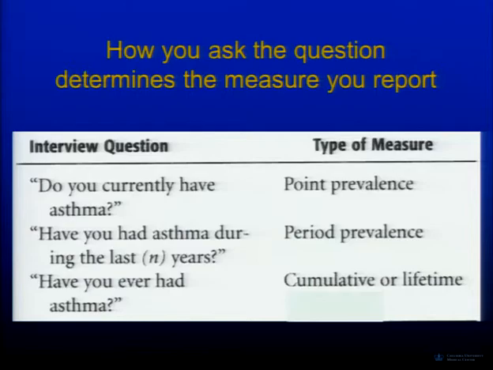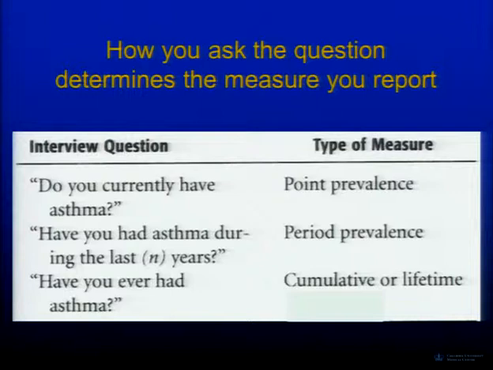How you ask a question when you're doing a study determines the measure you report. If I'm asking, do you currently have asthma? It's the point prevalence. I want to know right now, today, in this hot, humid weather, how many of you are having asthma. That might be a different number than last week when it was clear and cool and crisp. It's going to be a little bit worse today in terms of the point prevalence. We could have a period prevalence. The example I gave you before was for 1 year, 2008.